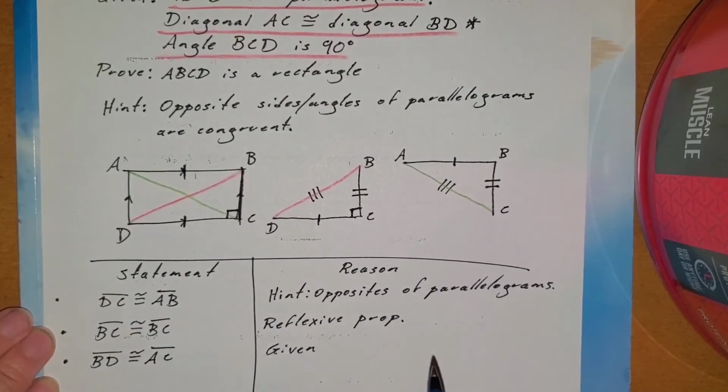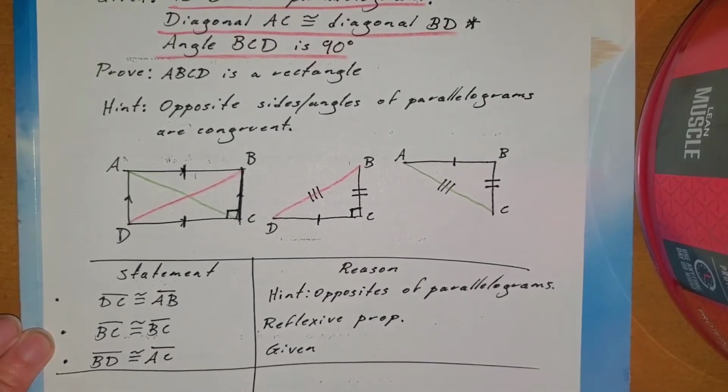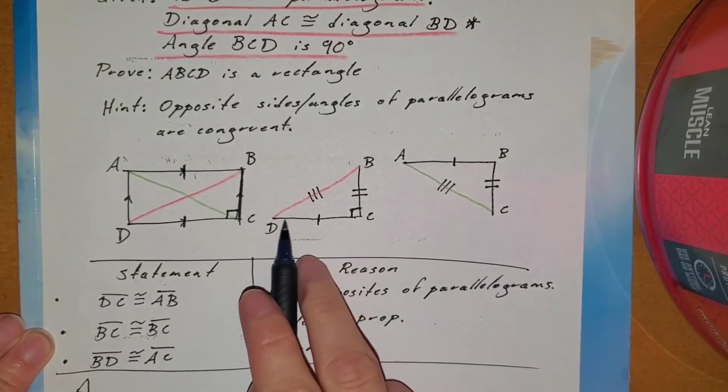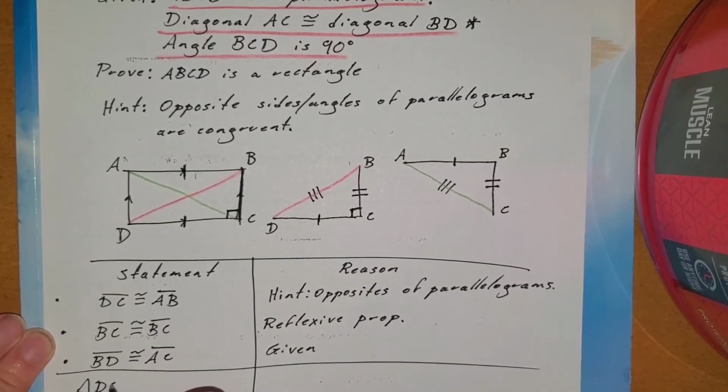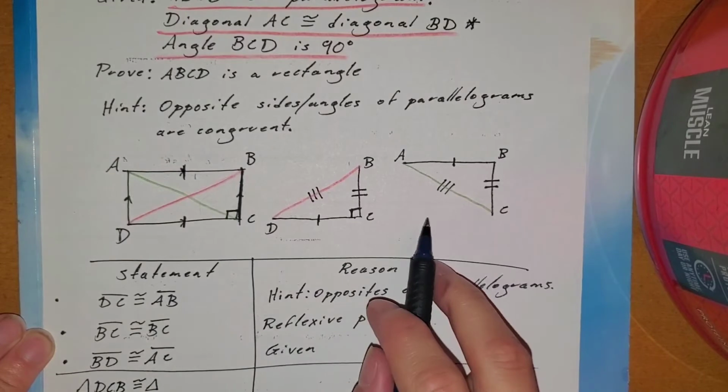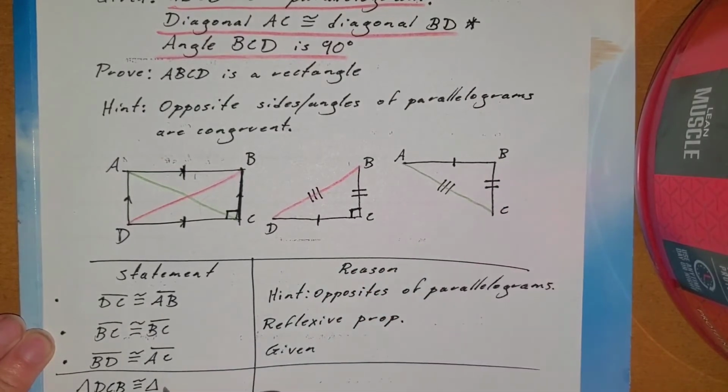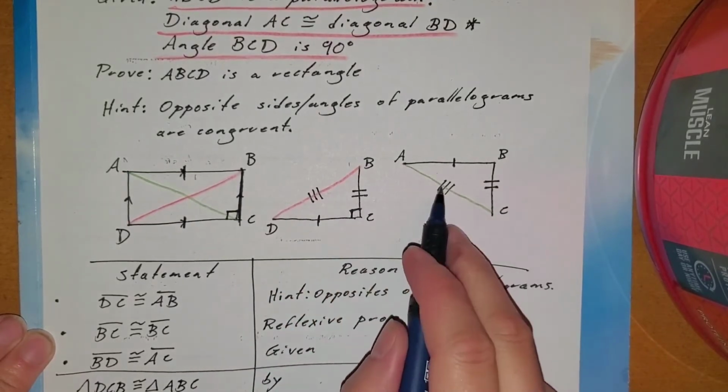Alright, I have 3 pieces of the triangles. The triangles are congruent, so triangle DCB is congruent to triangle ABC by side, side, side.